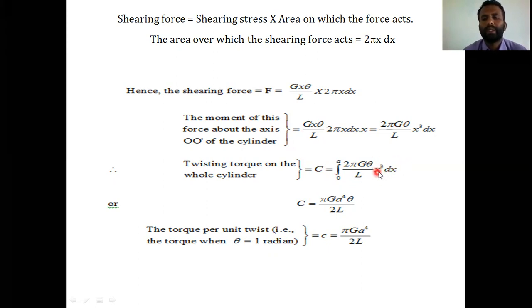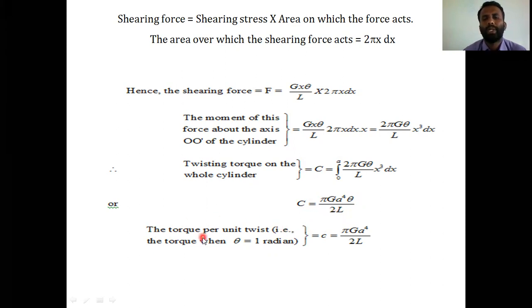Here G, theta and L are constants, so we integrate with respect to x. Then we finally get C equals pi G a to the power 4 theta divided by 2L.